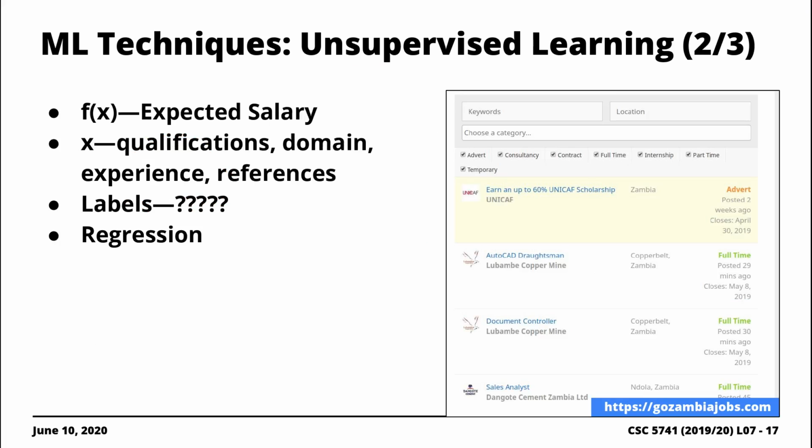So a classic example here, I think some of us are working on the Go Zambia job portal, where we want to identify what sort of patterns exist there, right? There's no need for labels there. All we have to do is identify the patterns and be able to display the patterns.